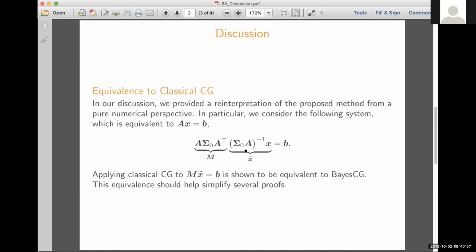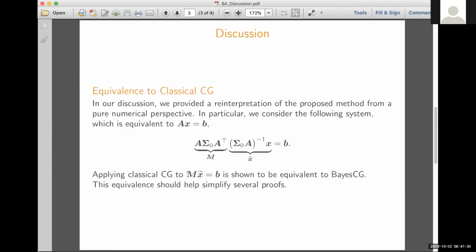So we provide a different but equivalent formulation to the problem by the authors, Ax equals b, solving for x. By giving a different formulation, M x tilde equals b, and just applying the classical conjugate gradient method to this problem, solving for x tilde, which has been shown to be equivalent to the Bayesian conjugate gradient.